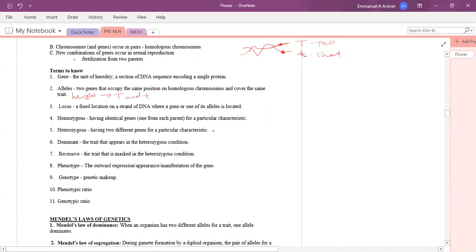We use the uppercase for the gene that we refer to as the dominant gene, and the lowercase for the gene that we refer to as the recessive gene. So this will be the dominant gene, uppercase, and then the lowercase will be what we call the recessive.